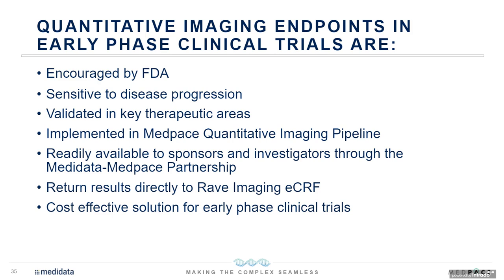The rationale is that these imaging biomarkers are sensitive to disease progression, often in a time frame that is more reasonable for conducting a clinical trial. For example, in oncology, we can't necessarily wait for clinical outcomes to demonstrate efficacy, whereas imaging outcomes may reflect change in disease status earlier than clinical outcomes.